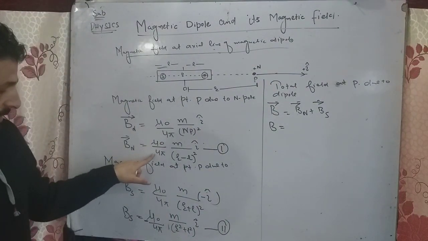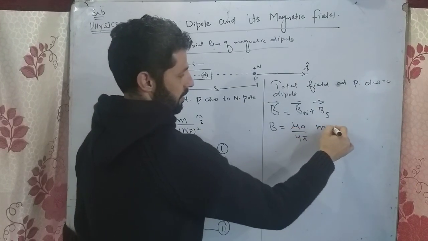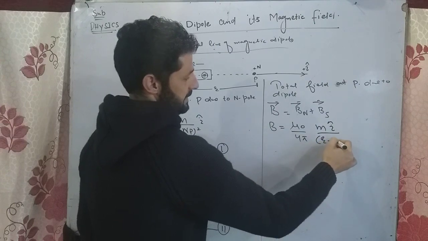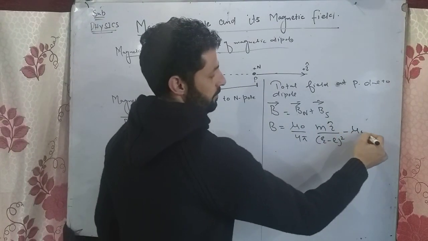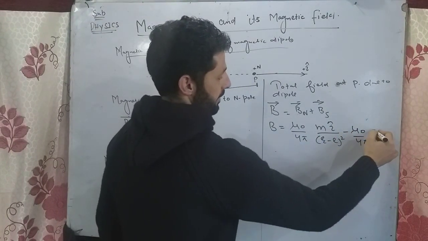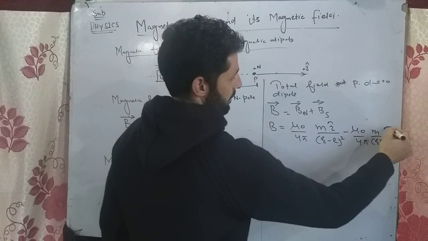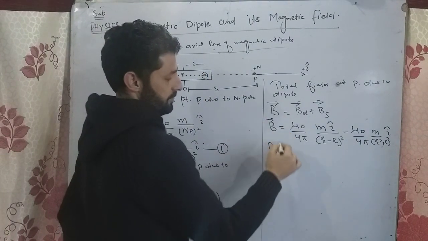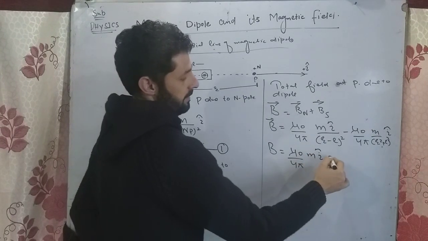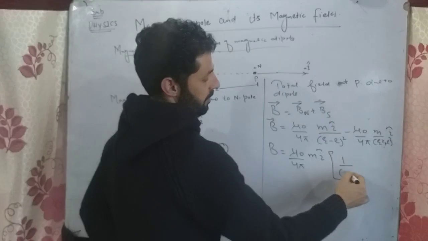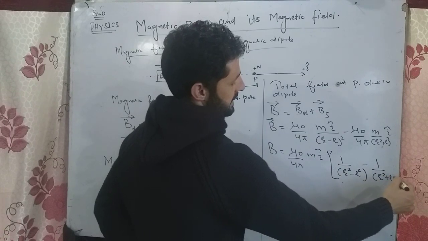That's mu 0/4 pi M I cap divided by R minus L whole square, and this is minus mu 0/4 pi M I cap divided by R plus L whole square. So here B is equal to mu 0/4 pi common, M I cap common, and it will be 1 divided by R minus L whole square minus 1 divided by R plus L whole square.